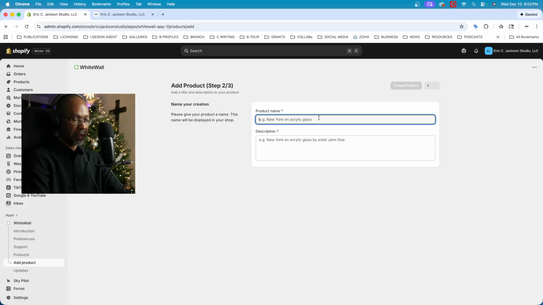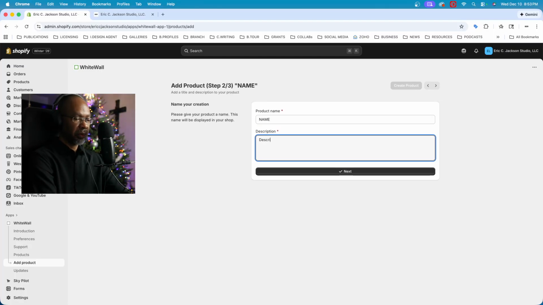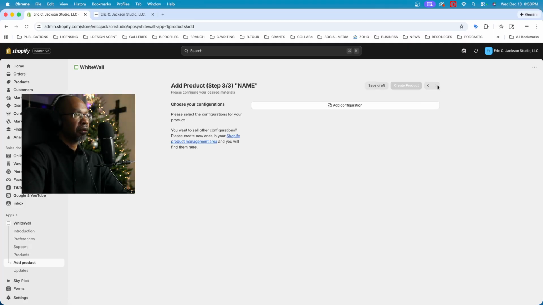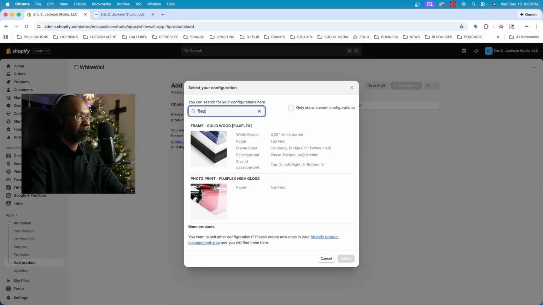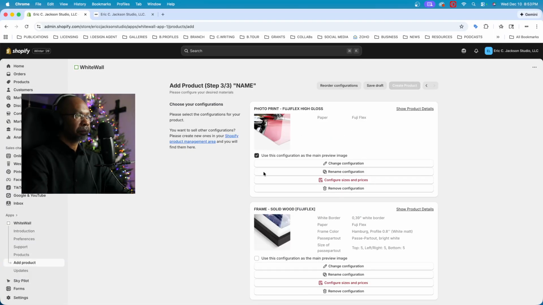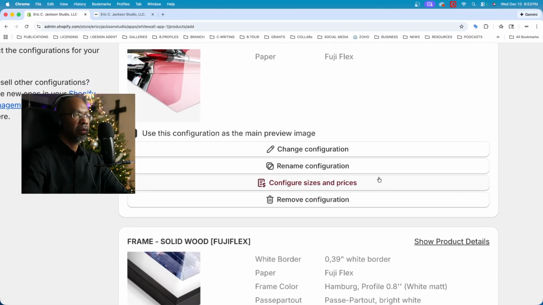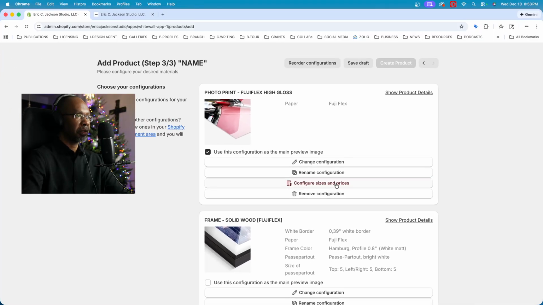So you would have the name already there, description already will be here. You'll come to the third page here and your products will already be here. For me, I'm using Flex. Okay. So let's see if I can expand this. You get to configure sizes and prices. That's where you would change your pricing information.